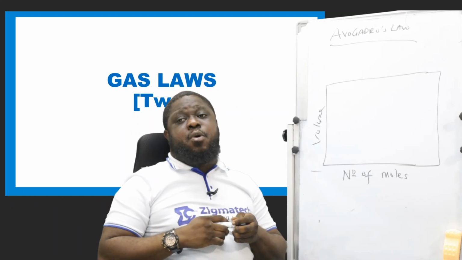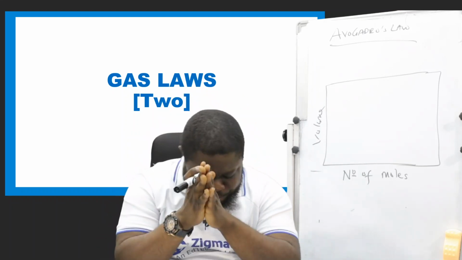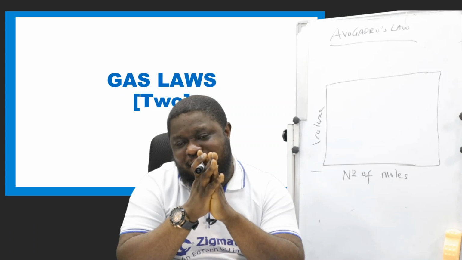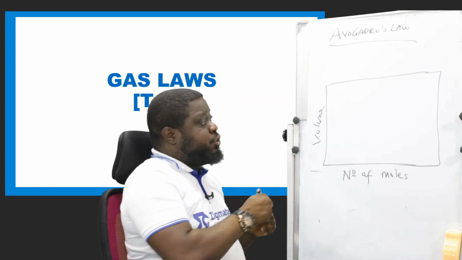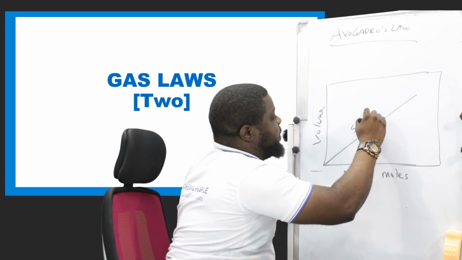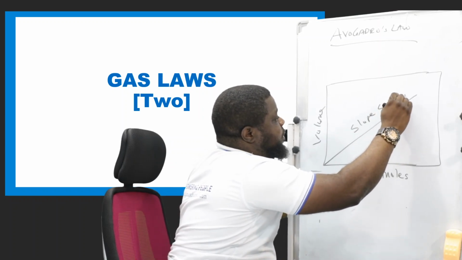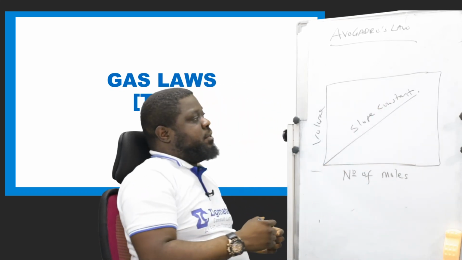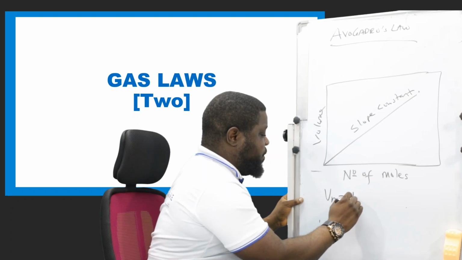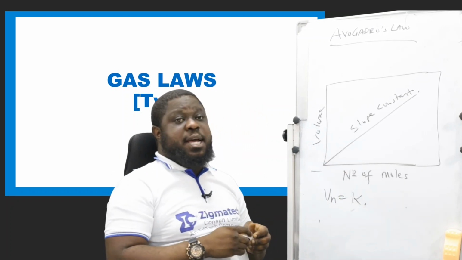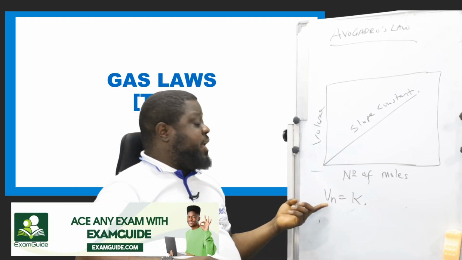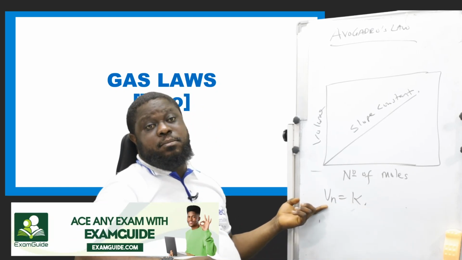Remember, it said equal volumes of gases have the same number of molecules. So here is the slope constant. We have V over n equals K. In essence, when they are constant, the number of molecules is the same.